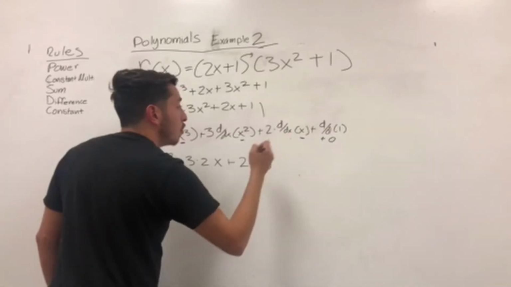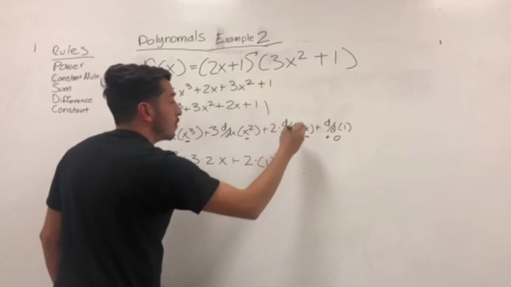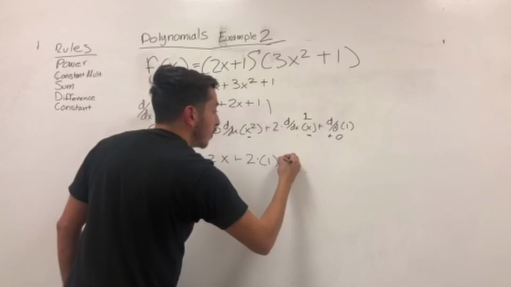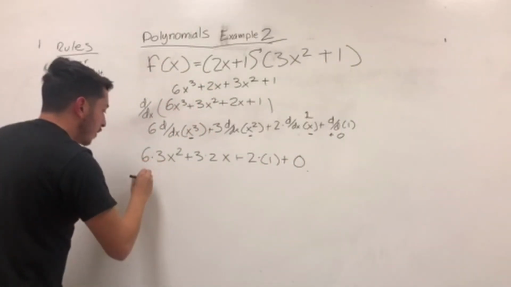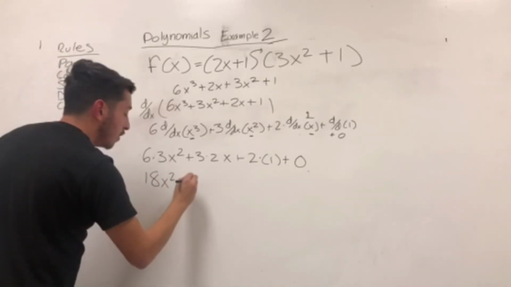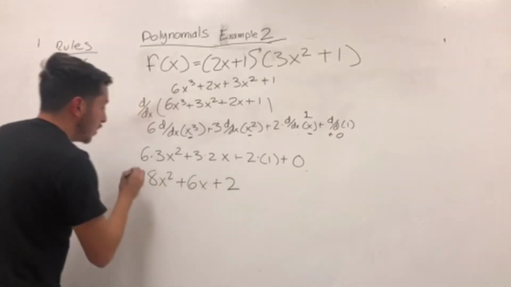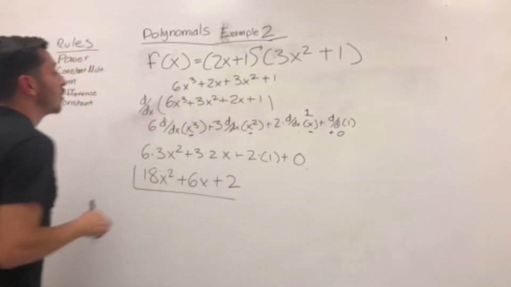Remember our sum from before, the derivative d over dx of x will be just 1, and this is 0. Still include that so we don't forget. 18x to the second power plus 6x plus 2. And this is our derivative when we're multiplying two functions together.